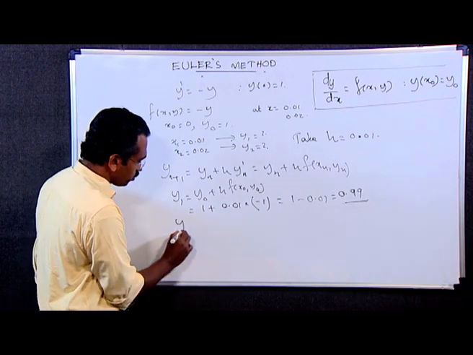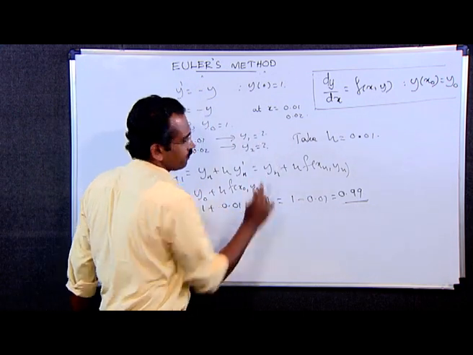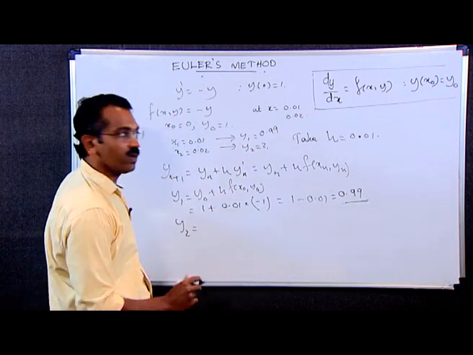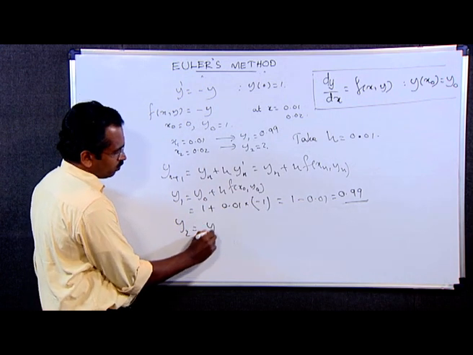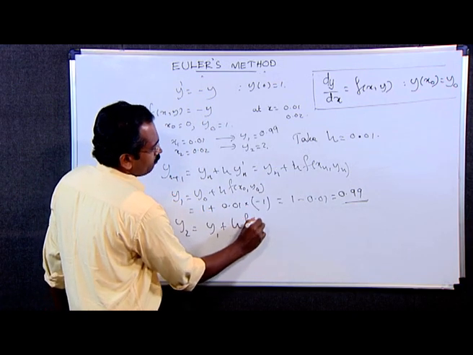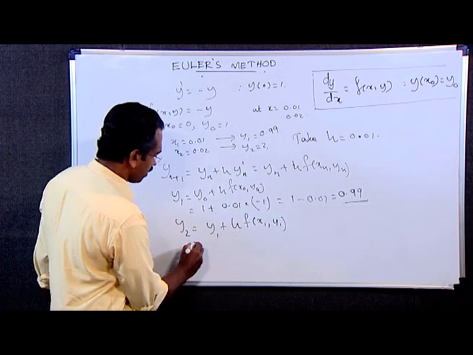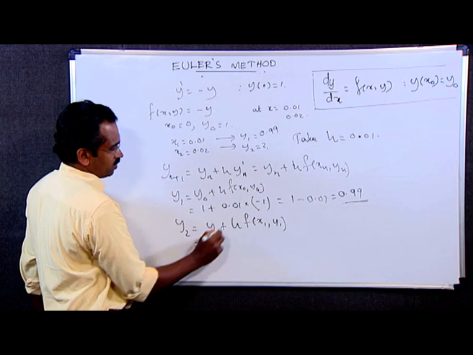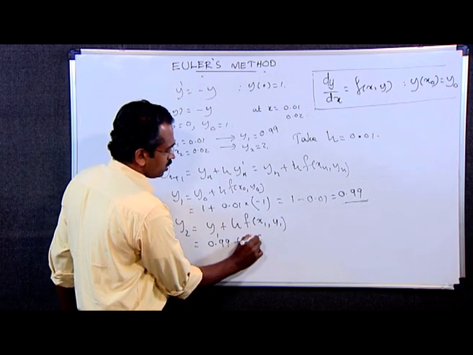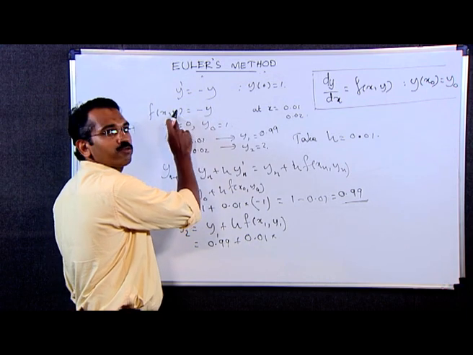Therefore, we obtained y1 as 0.99. Now, y2 is equal to y1 plus h into f(x1, y1), that is equal to 0.99 plus 0.01 into f(x1, y1), which means minus y1, because f(x, y) is minus y.